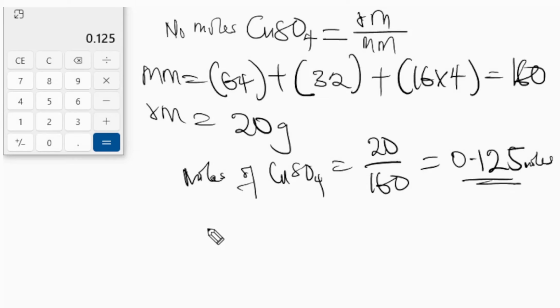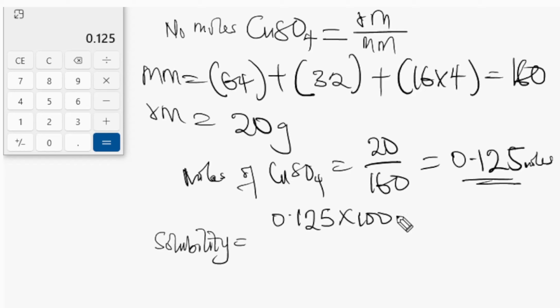Let's go ahead. The question actually says the solubility. So guys, the solubility will be the number of moles times 1000 over the 100 grams.